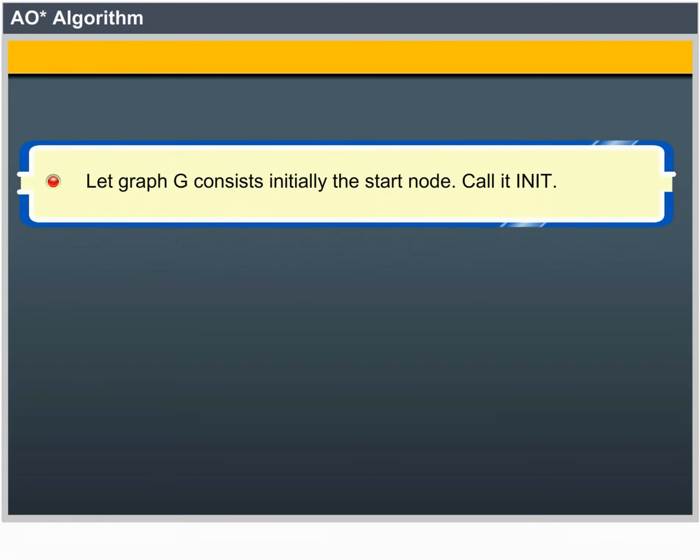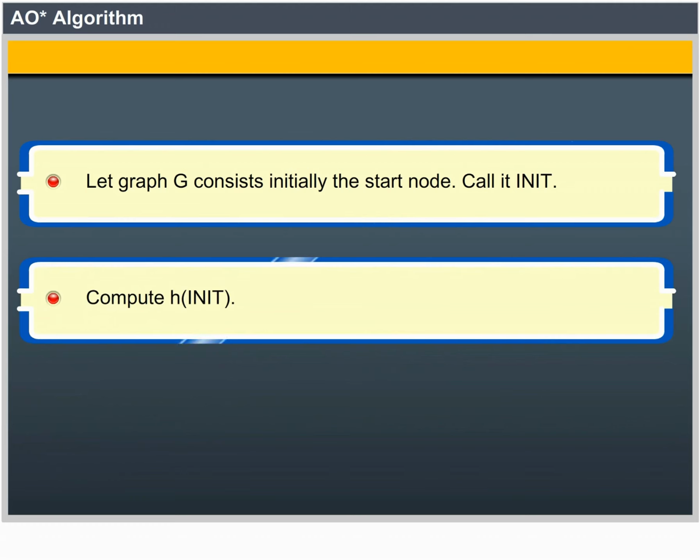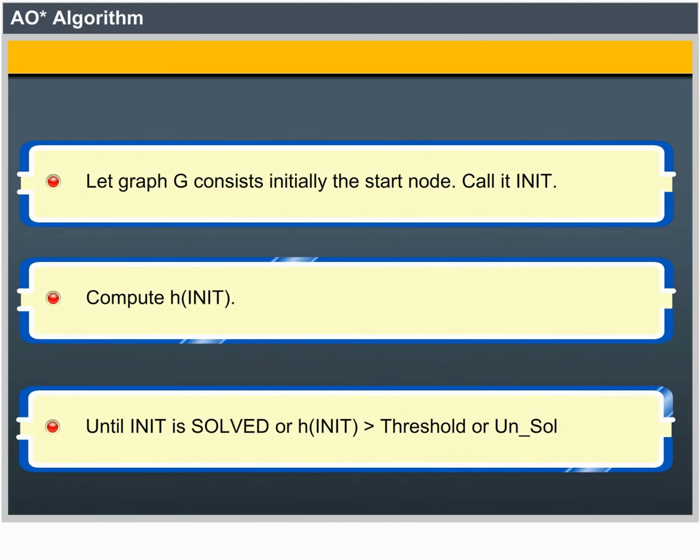AO-star algorithm. Let graph G consist initially of the start node, call it init. Compute h of init until init is solved or h of init is greater than the threshold, or unsolvable.